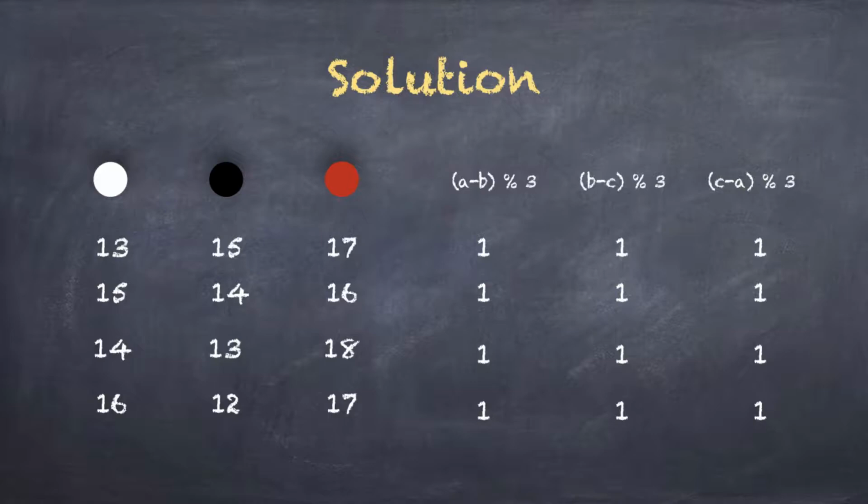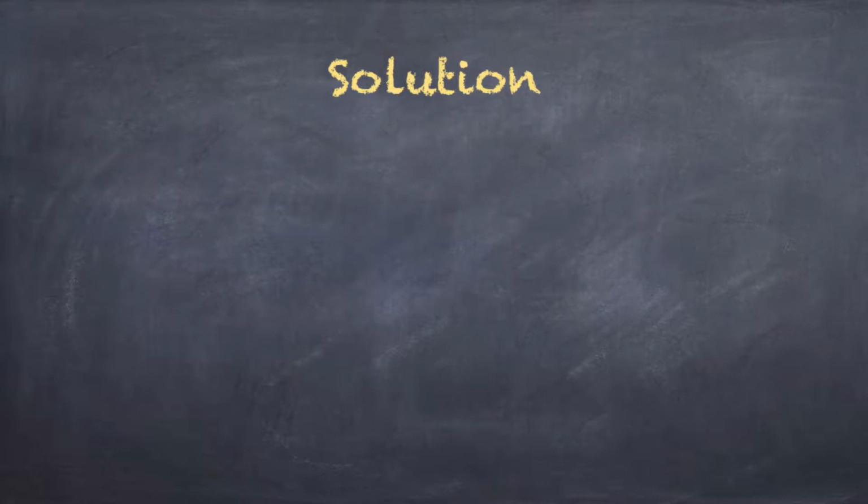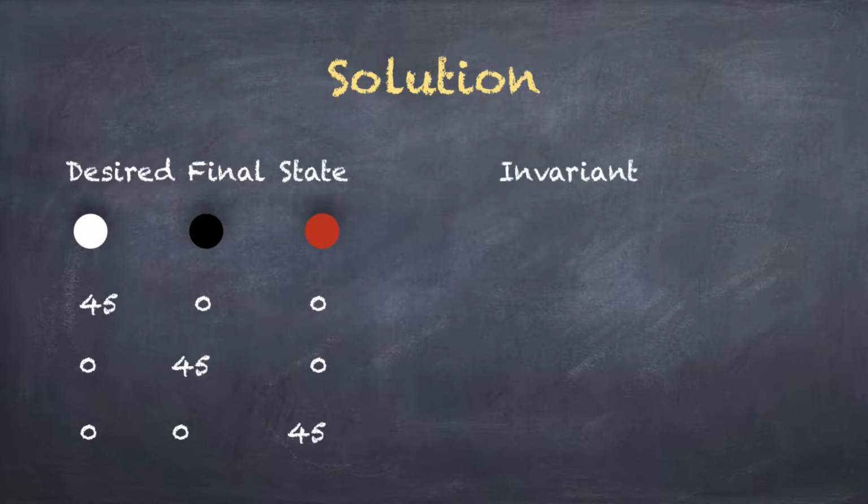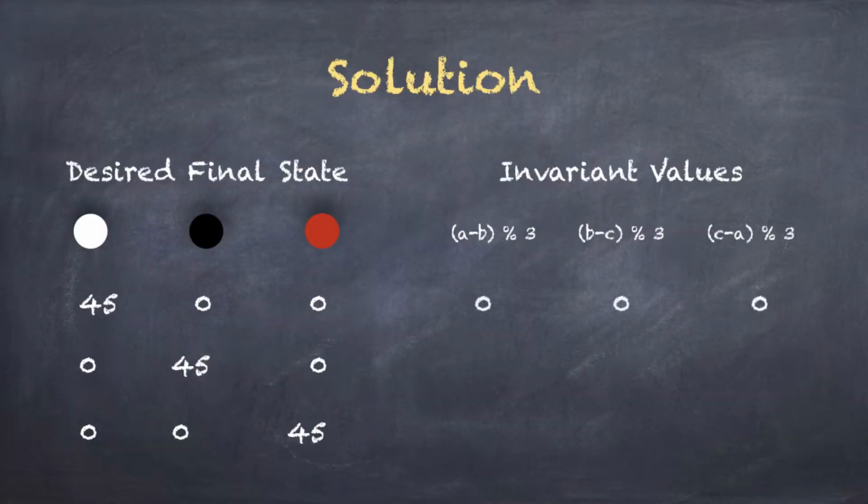We can see that the mod values are all 1, and now let us see where we actually want to reach, that is the desired final state. The desired final state can be 45, 0, 0, or 0, 45, 0, or 0, 0, 45, and in all these three final states that may result in the right answer, the mod values are 0 0 0.